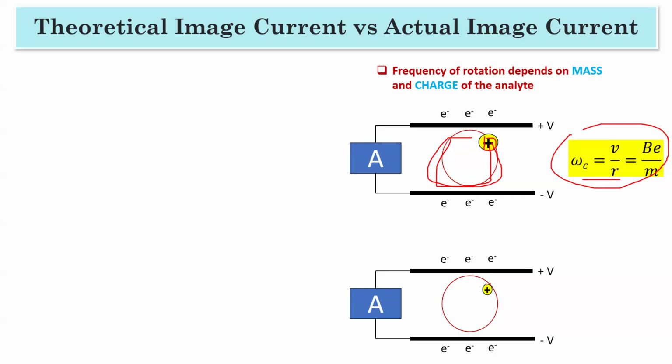And also here, if the charged particle size is very low, like the mass is less, then this omega, this frequency, will be less. That means it will move slowly. Actually this will move faster and this will move slowly, because omega is correlated inversely, right? That's what I am trying to say.